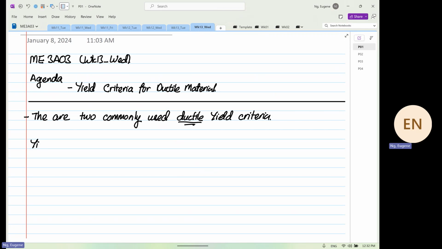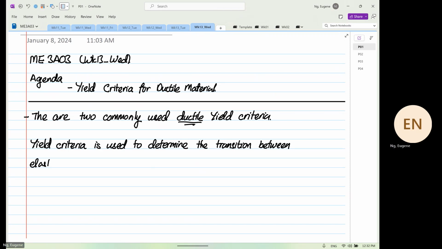First of all, the yield criteria is used to determine the transition between elastic and elastic to plastic behavior of materials.